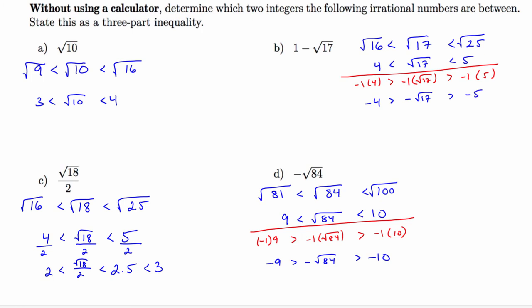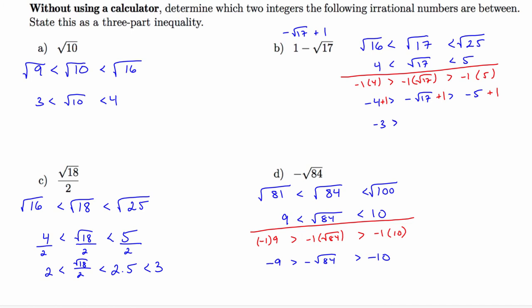The original expression we had was 1 minus root 17. It's important to recognize that 1 minus root 17 is the same thing as negative root 17 plus 1. So if I add 1 to each one of these expressions, negative 4 plus 1, negative root 17 plus 1, negative 5 plus 1, I'll finally arrive at what I'm trying to figure out. Negative 4 plus 1 is negative 3.